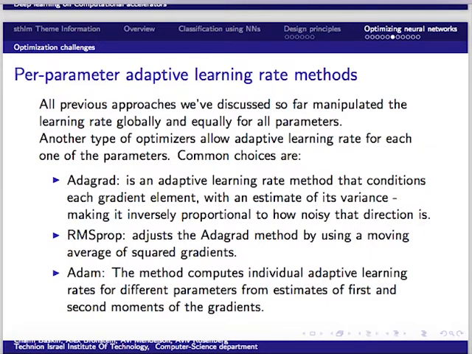And where we see that our parameters are not participating in our classification problem, in these parameters we will raise our learning rate.